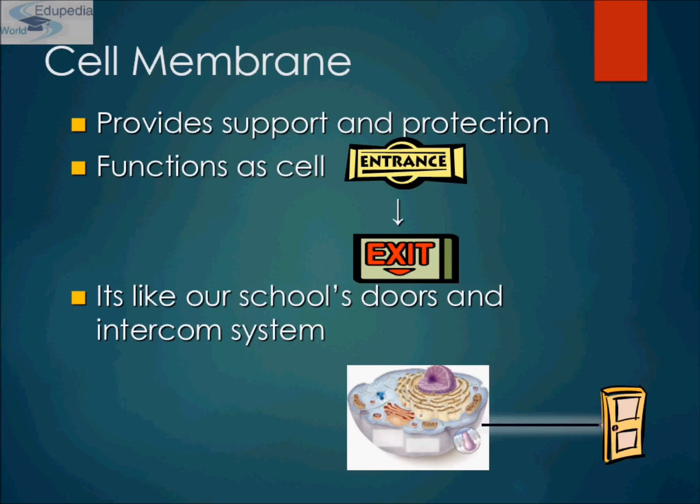You can say that it's like our school door and intercom system. And always note that plasma membrane is about 5 to 8 nanometers in thickness and is selectively permeable. Selectively permeable means it allows only selective molecules to come inside, and thus it regulates cell molecular traffic.